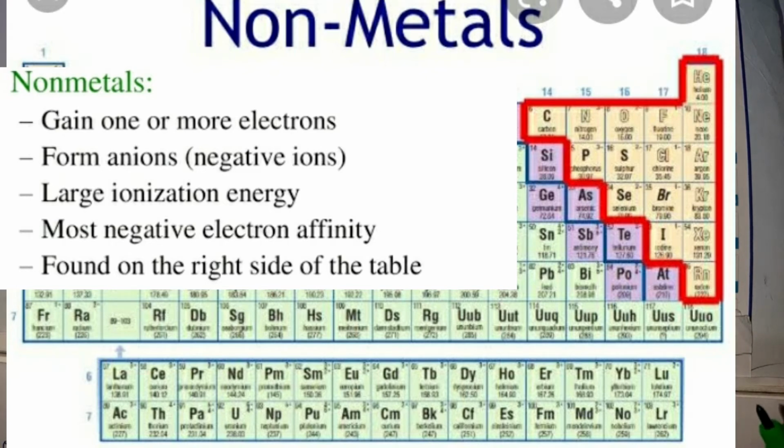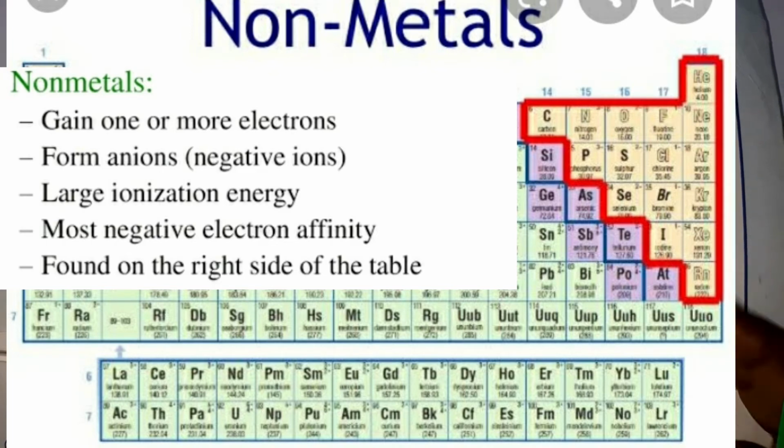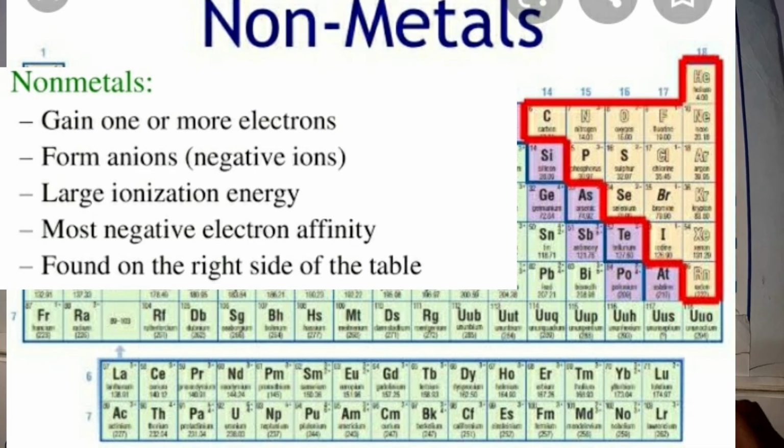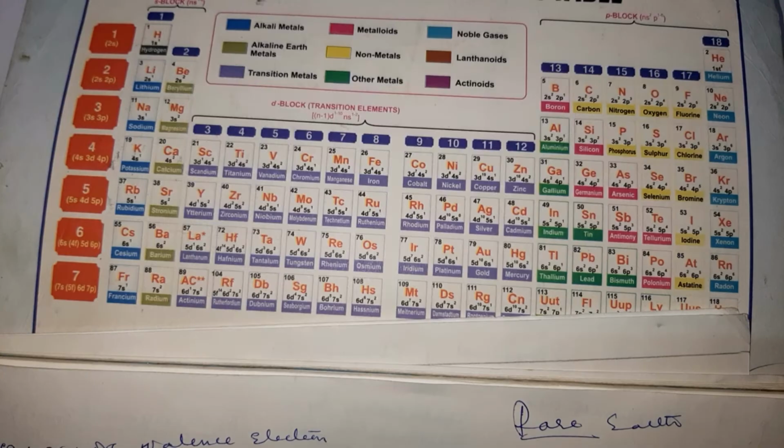And these mostly have negative electron affinity. And these are found on the right side of the periodic table. And these occur in any state, children. Some of them occur in solid state, some in liquid state and some in gaseous state.